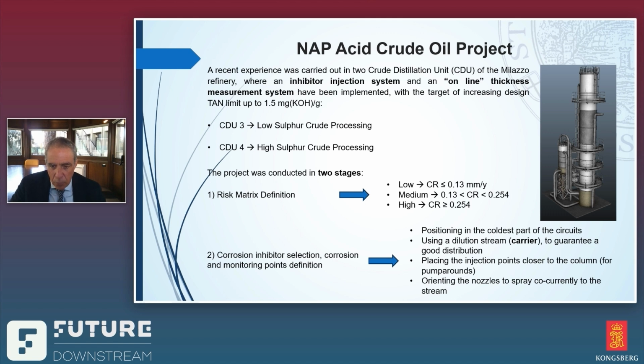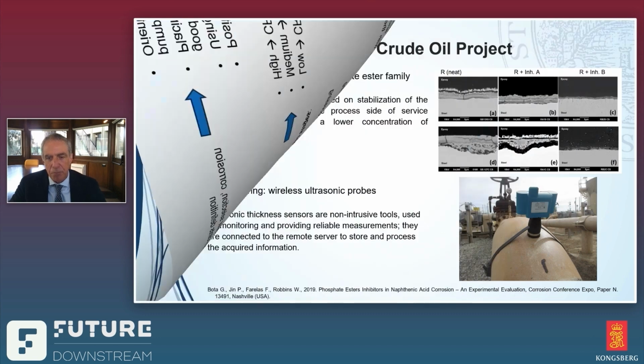So we used a dilution carrier for the corrosion inhibitor to guarantee a good distribution, and placed the injection point very close to the column for a better distribution also inside the vessel, inside the column. And the nozzles have been oriented co-currently to the stream.